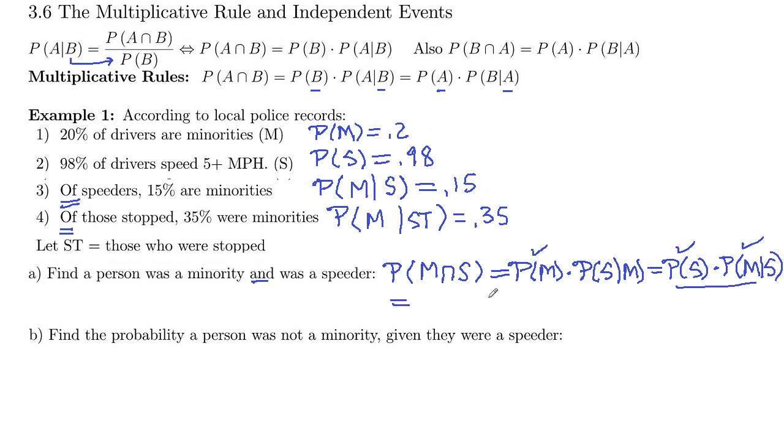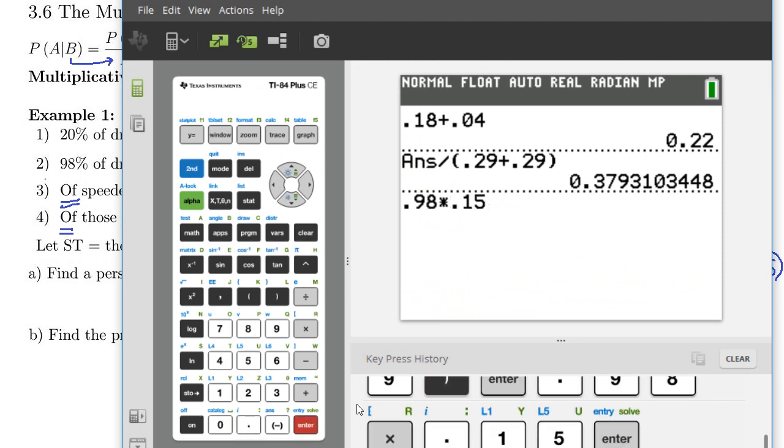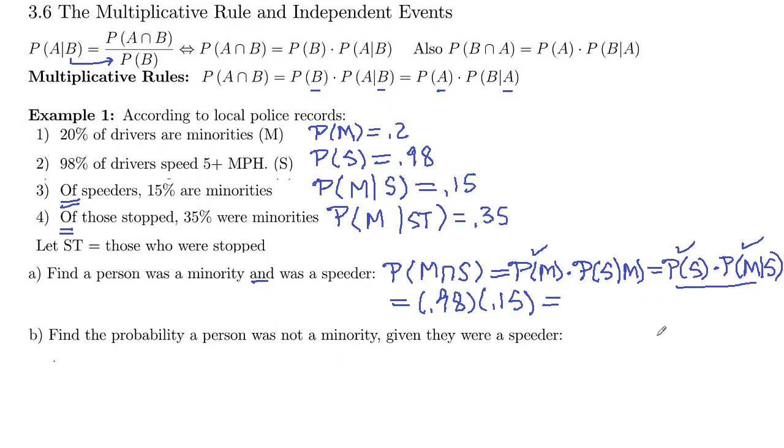So this will be probability of S, 0.98, times probability of M given S, 0.15. Multiply those in the calculator. So 0.98 times 0.15, 0.147.